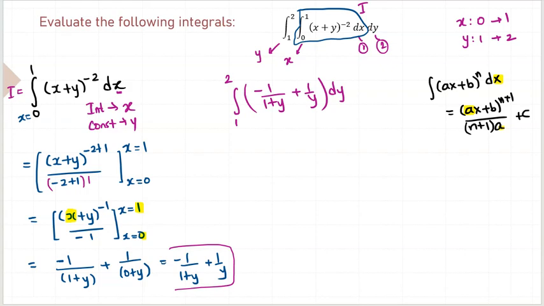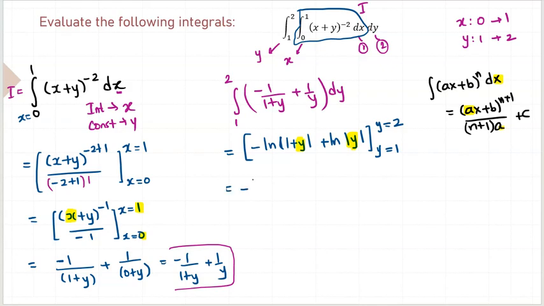It becomes a definite integral. So how do you integrate? Yes, this is minus ln of mod of (1 plus y) plus ln of y, and the limits for y are from 1 to 2. So in the next step, you will just be replacing y by 2 and 1.